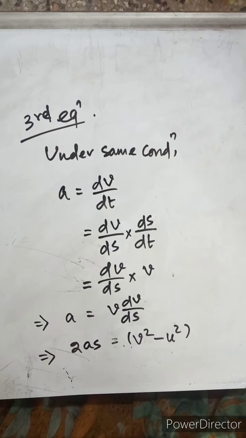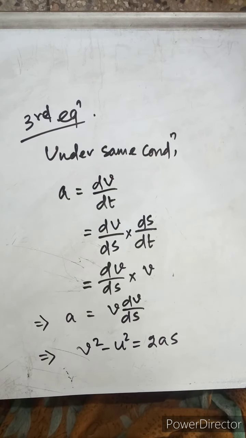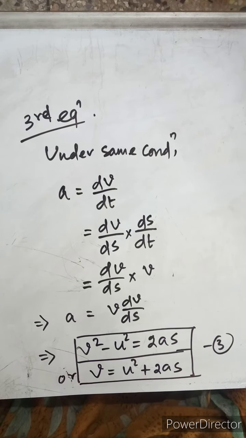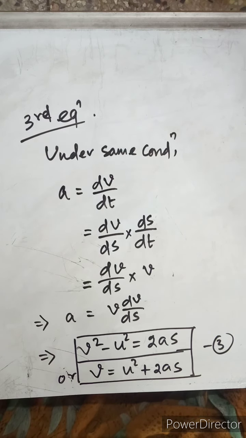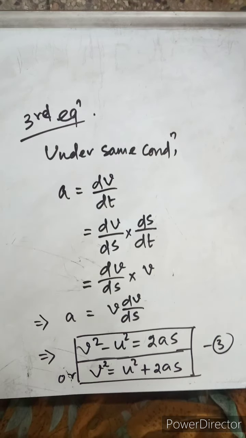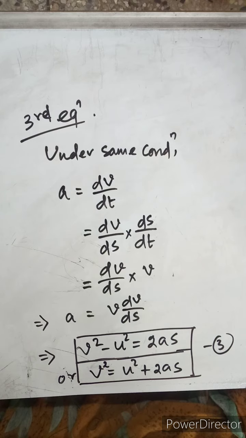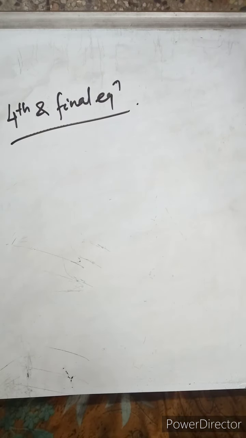Now the 2 can get cross multiplied over there, and you have 2as is equal to v square minus u square. Rearranging it, we can say v square minus u square is equal to 2as, or we can take the u square on the other side, and we have v square is equal to u square plus 2as. So either the top or the bottom, whatever form you can write the third equation.